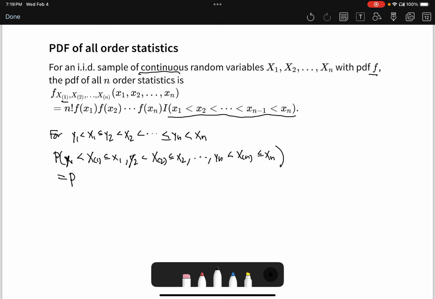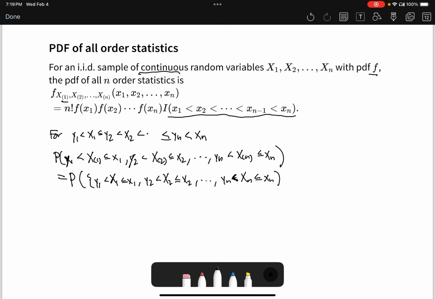And so we have the probability. So one possibility is that the actual capital X1 is between y1 and x1, the actual X2 is between y2 and x2, and so on. So we could have y1 less than capital X1 less than or equal to lowercase x1, and then capital X2 is between y2 and x2, and then capital Xn is between yn and xn, less than, and less than or equal to lowercase xn, like that.